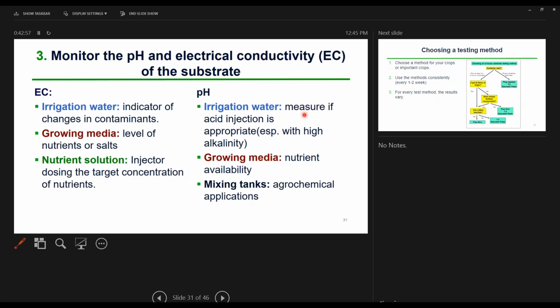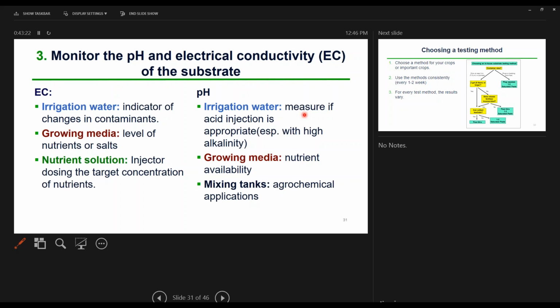It's going to be a good indicator of whether there are changes in contaminants. And by contaminants here, I mean anything that changes during the season. So in the Northeast, sometimes we've seen spikes in chloride, and a simple test of electrical conductivity might help you pick that up at an earlier stage.